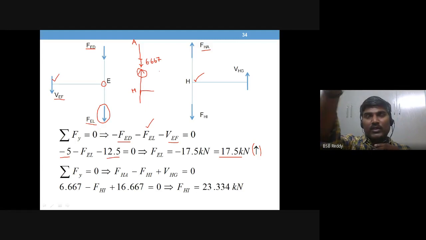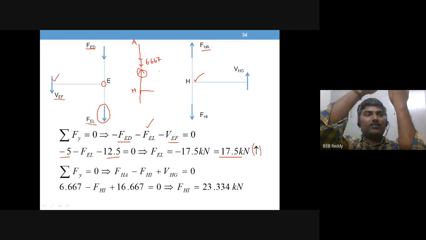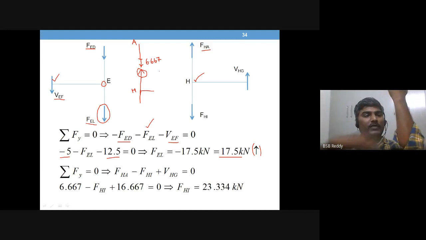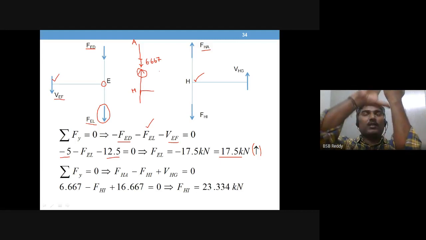But when you take the connected joint, say column AH, okay, so H is the joint. So joint A, joint H. So joint A you solved, and you have taken half of the column, and considering joint H, you are now looking at the bottom half of the column, not the top one.